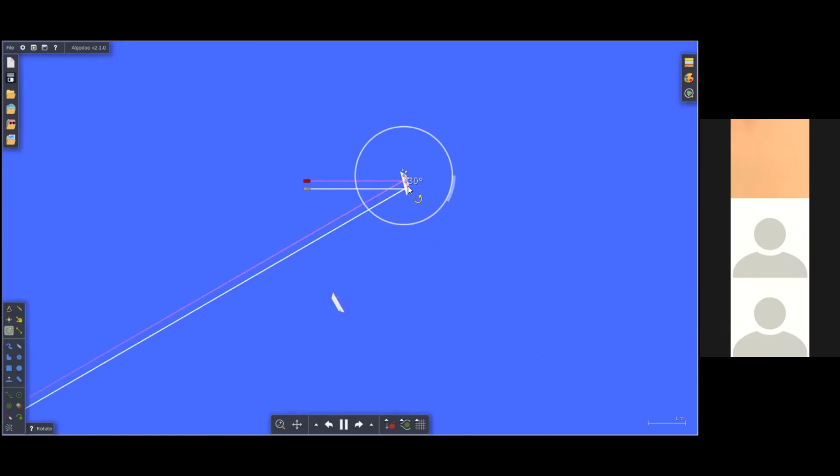Let's change it to 30 degrees, and then for mirror 2, I will change it to minus 13 degrees.